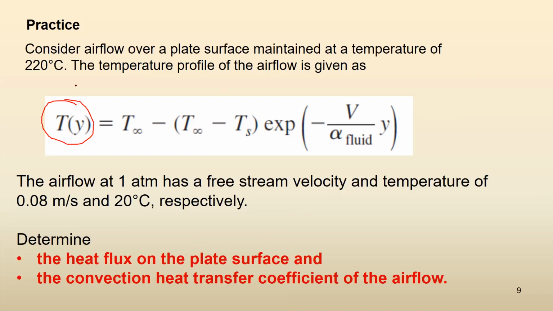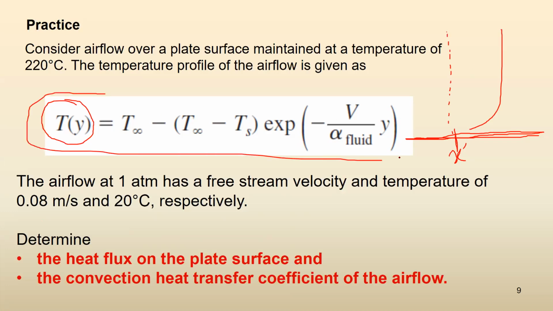If it was a function of x and y, that would be different. But this is a profile of y. It means it's talking about the profile of the temperature at one specific x location, let's say x prime, but at different y positions. So this specific profile that is given in the problem is not going to give you the temperature profile at other locations.